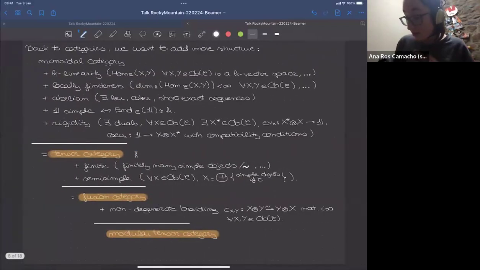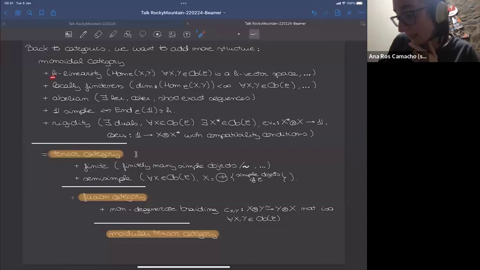So back to categories. I want to introduce some structure. I'm not going to stay only on monoidal. I want to put quite a bit in here because we will use it later. So if I have a monoidal category and introduce a number of properties, namely k-linearity, that means, roughly speaking, avoiding some technical details, that the Hom spaces in my category are k-vector spaces.